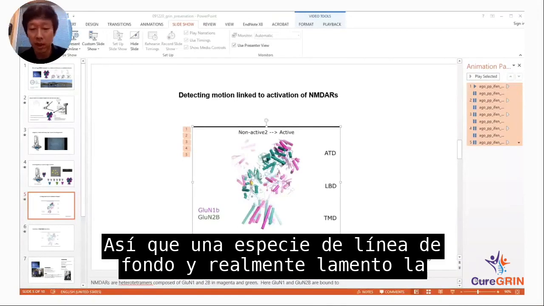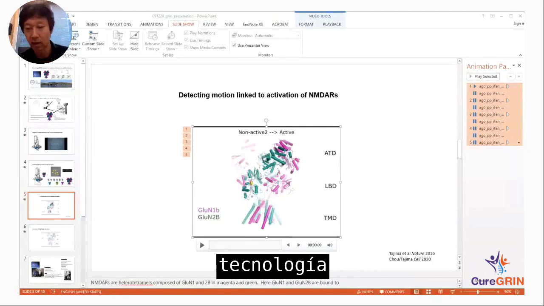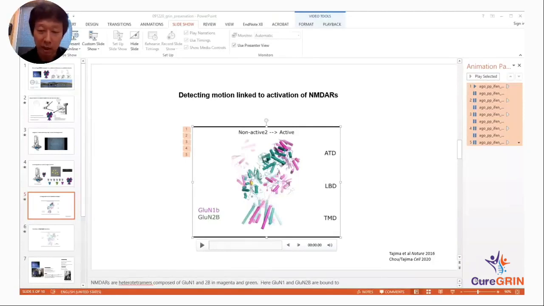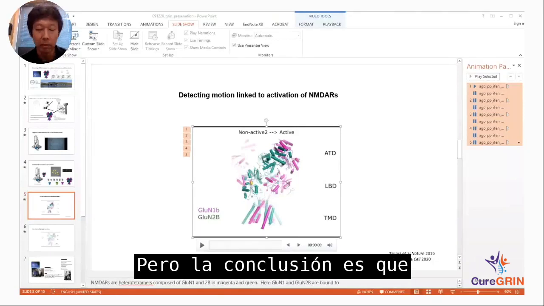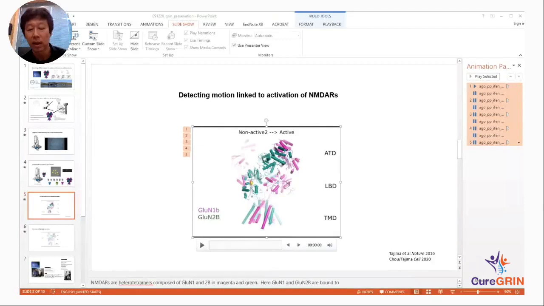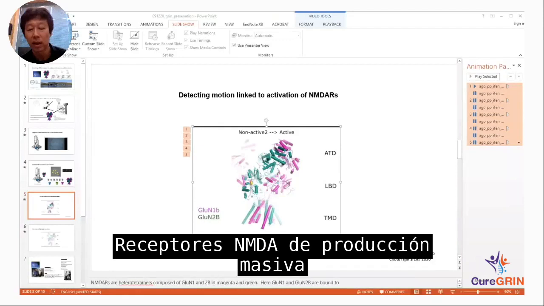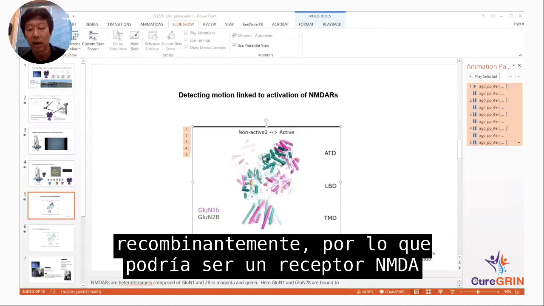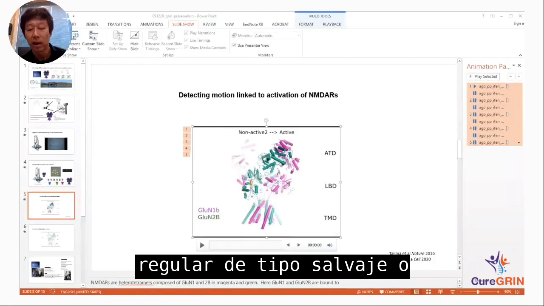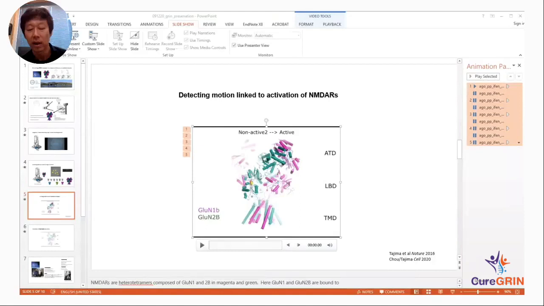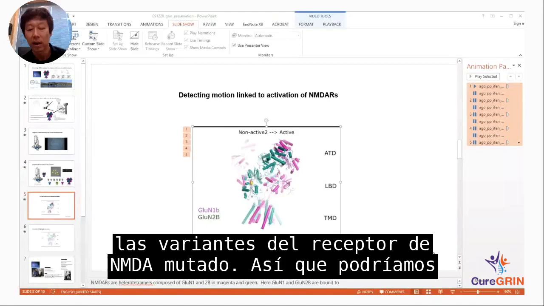So the bottom line, and I'm really sorry about the technical issues, I was supposed to have movies here, but the bottom line is that we can now mass produce NMDA receptors recombinantly. So it could be wild type regular NMDA receptors or the mutated NMDA receptor variant.